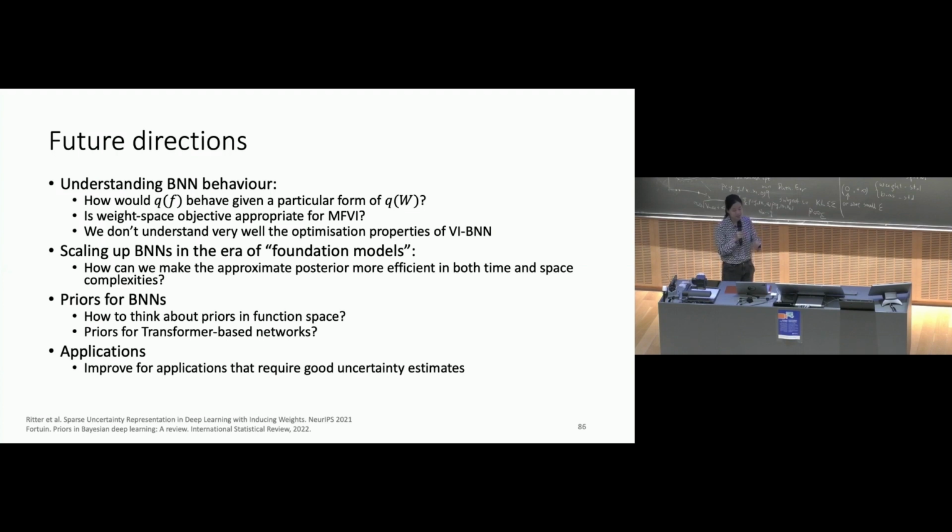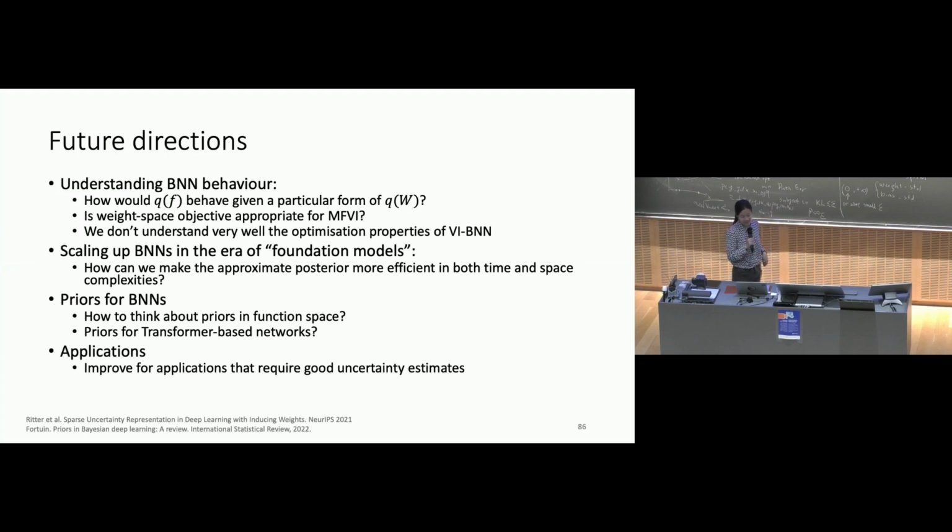So how does the distribution on f, q(f), behave given a particular form of the weight space q distribution? That is an interesting question. You can also ask whether the weight space objective is appropriate for mean field regression inference, or for Bayesian neural networks in general.